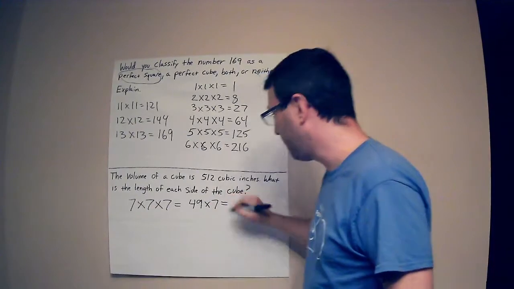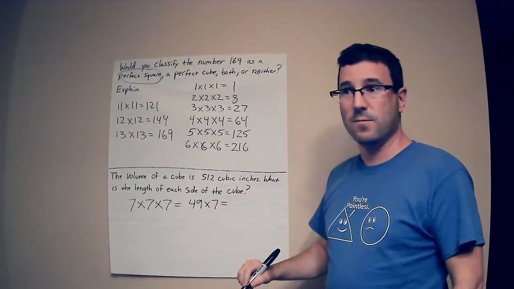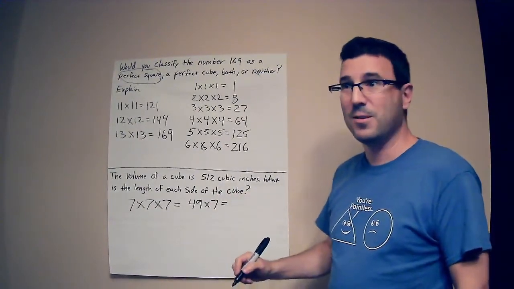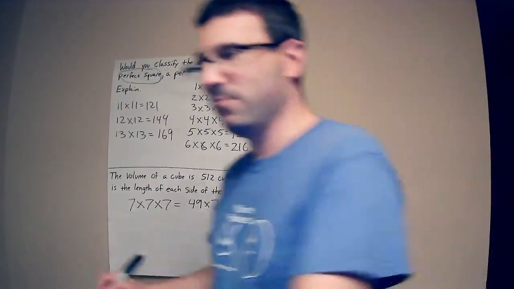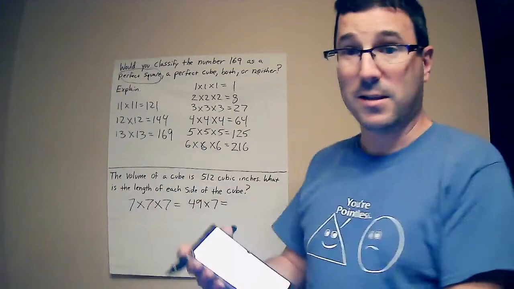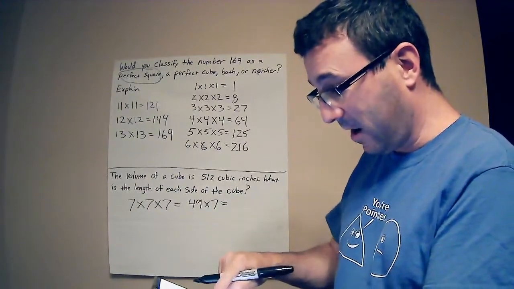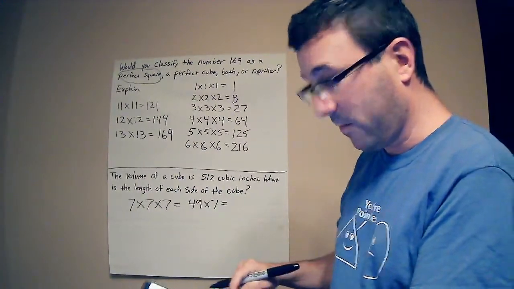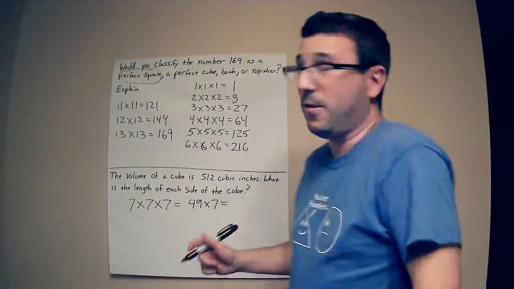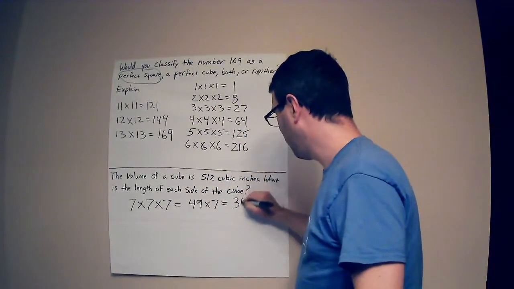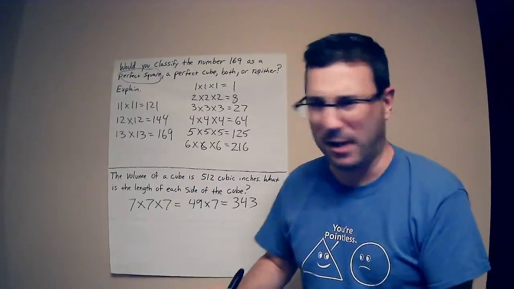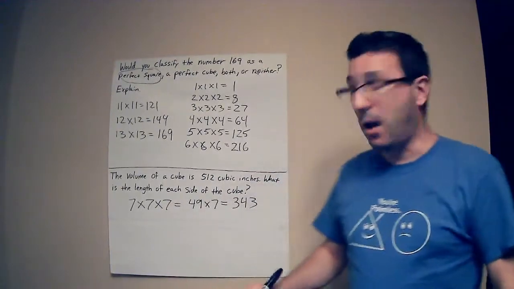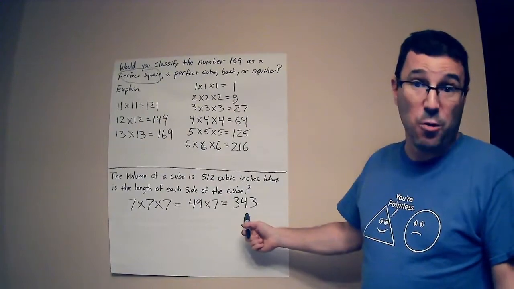Times 7. I was right the first time. 7 times 7 times 7, 343. I was right the first time. I doubted myself. I shouldn't doubt myself. However, still didn't work.